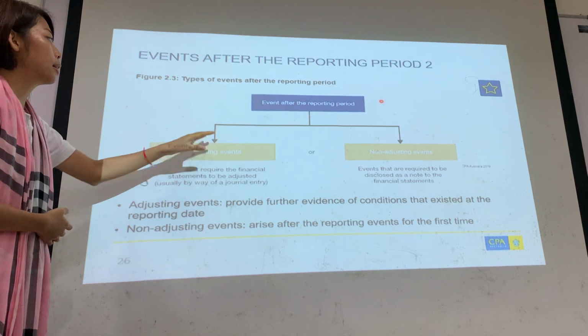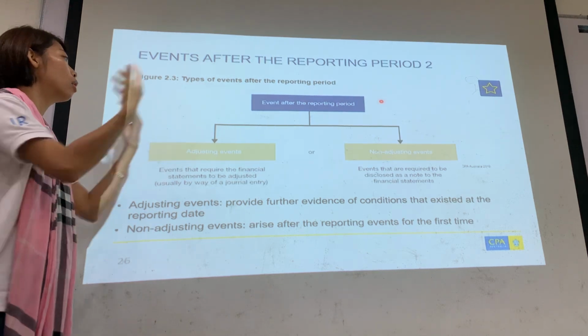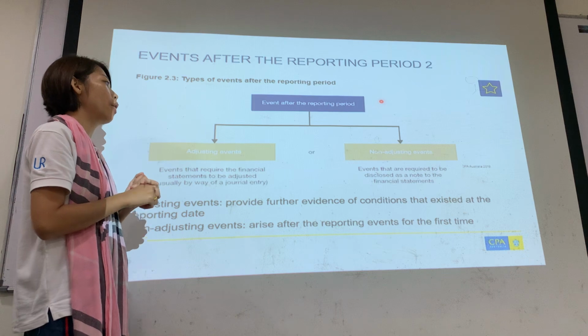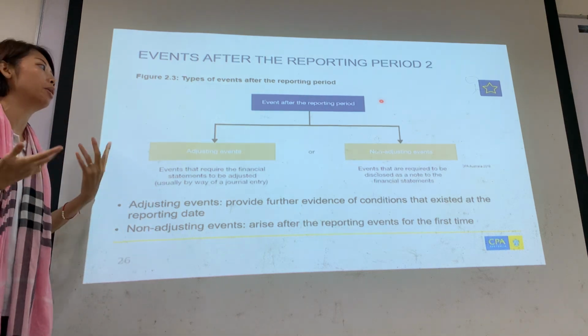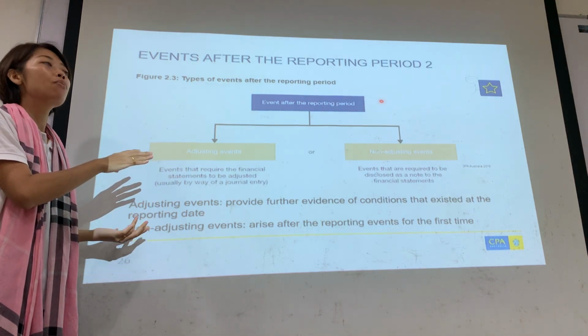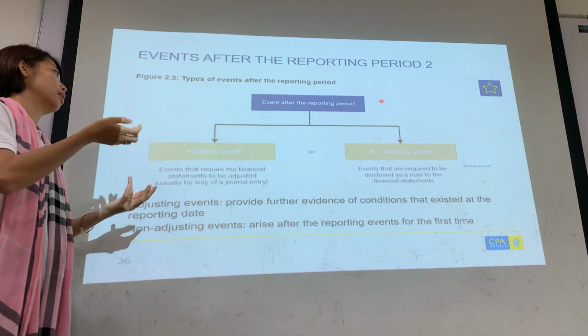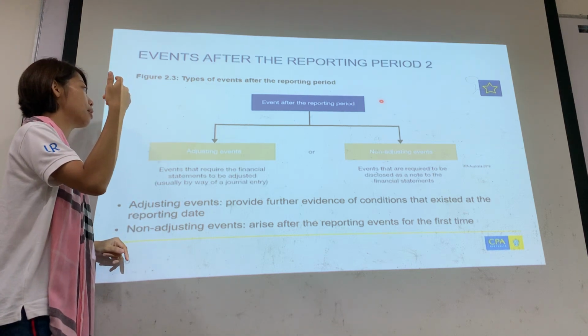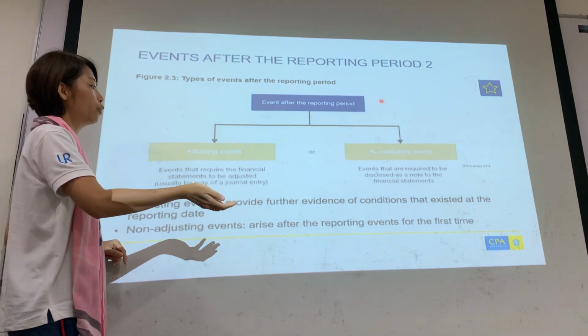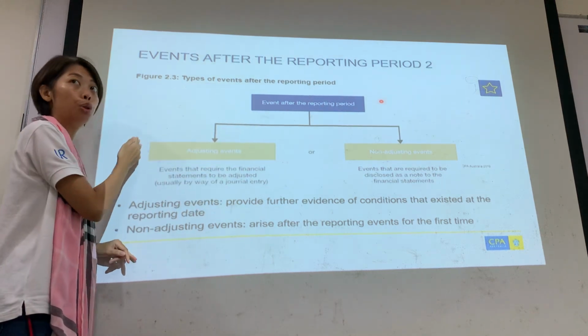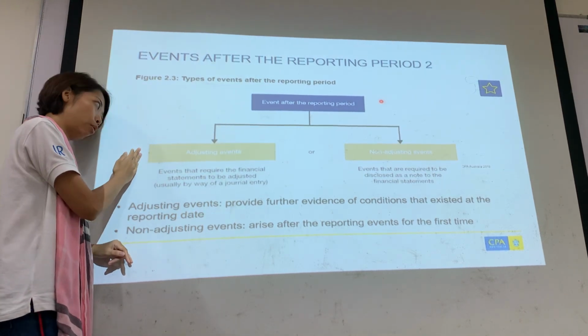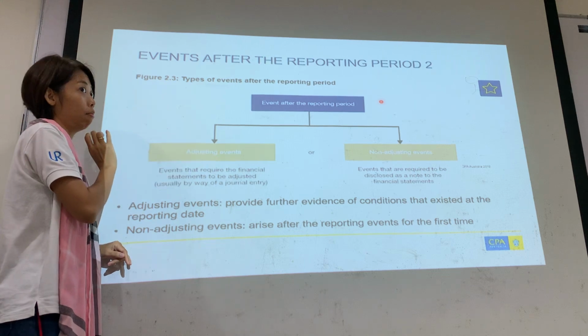Now, if it is an adjusting event, what do you have to do? Let's say in August you know that this company owes me 100,000 and is now bankrupt. I'm very sad, but no choice, I have to adjust it. I cannot chase after the money because that company is going into liquidation. So I have to go back to 30th of June, the end of my reporting period, to adjust this event.